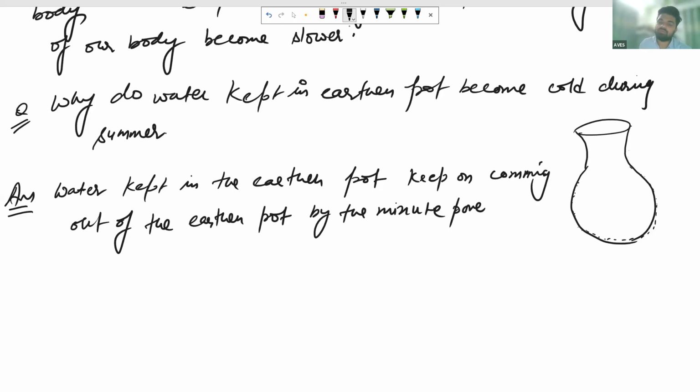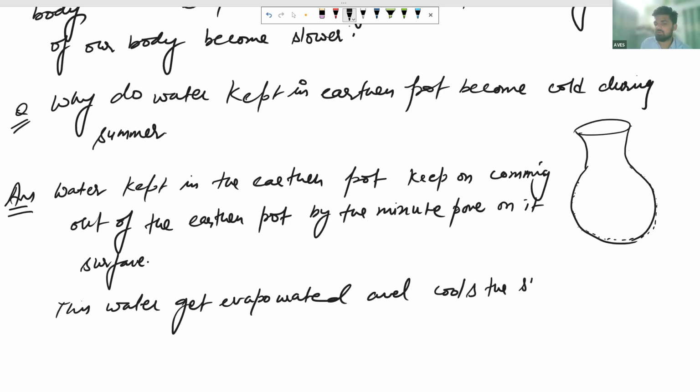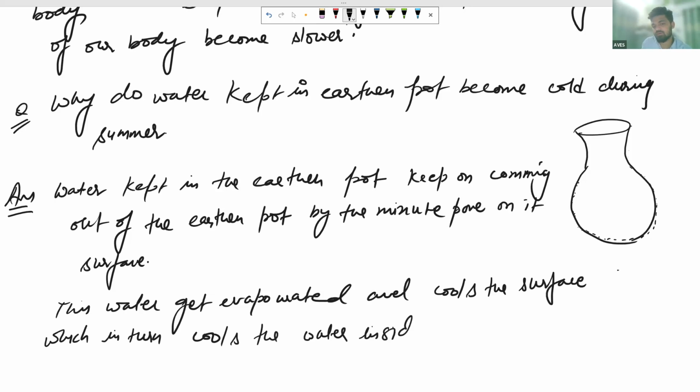This water gets evaporated and cools the surface, which in turn cools the water. Note it down, and when you're done, let me know.